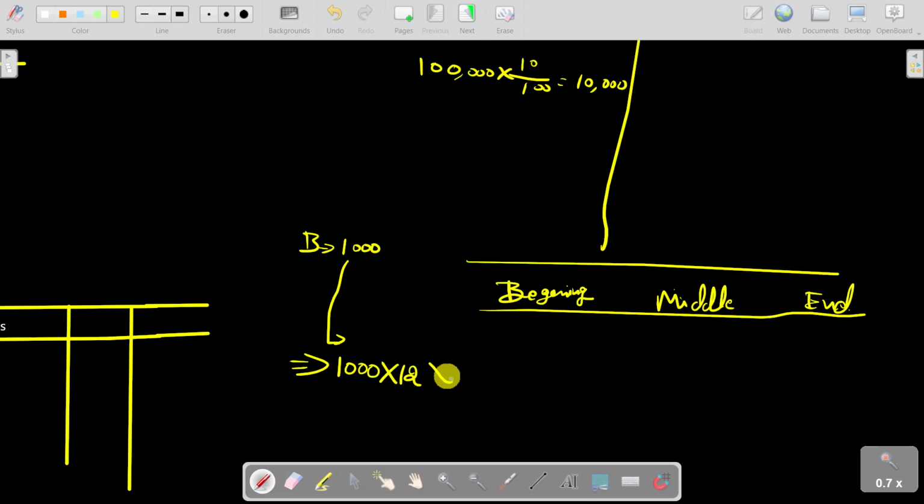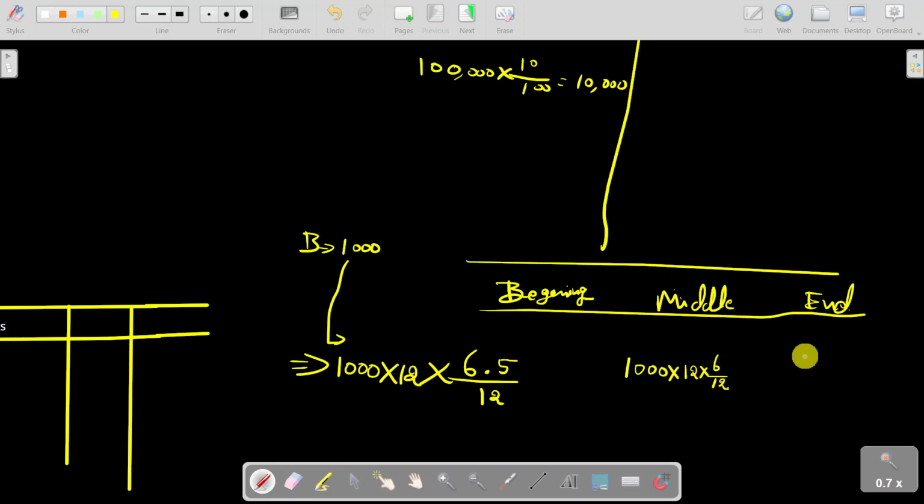So we have to remember that if he draws beginning, we have to multiply this with the 6.5 by 12. If he draws in the middle of the month, then we have to calculate 1000 into 12 into 6 by 12.